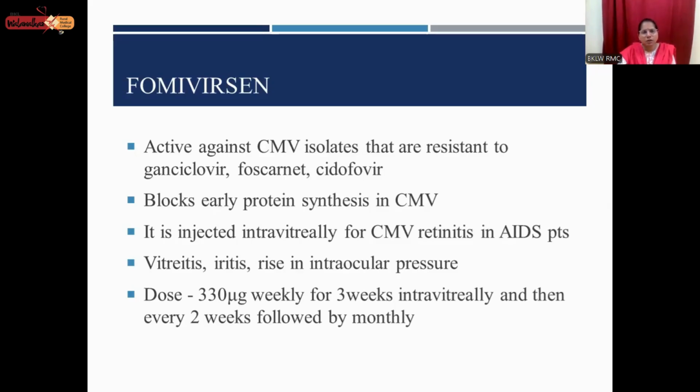The dose is 330 microgram weekly for 3 weeks intravitreally, then every 2 weeks followed by monthly. This is the course of fomivirsen in cytomegalovirus infections.